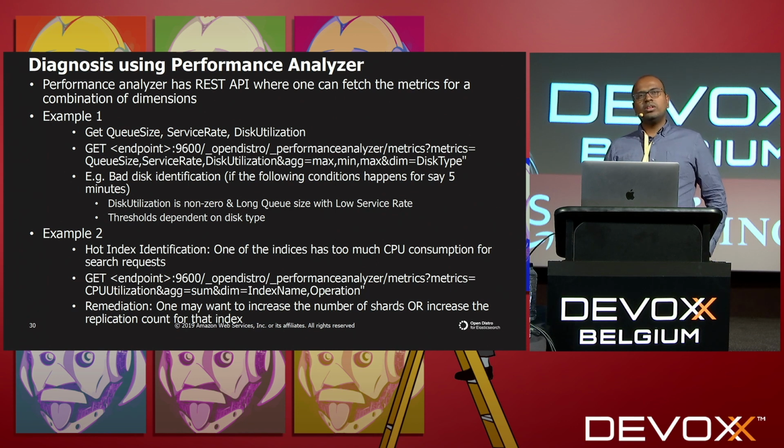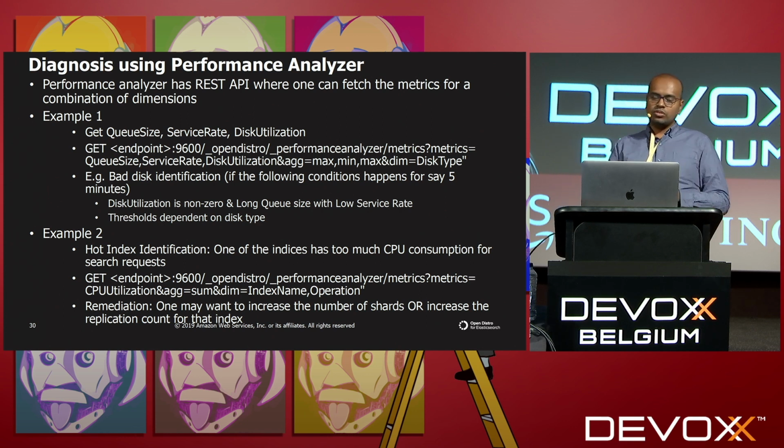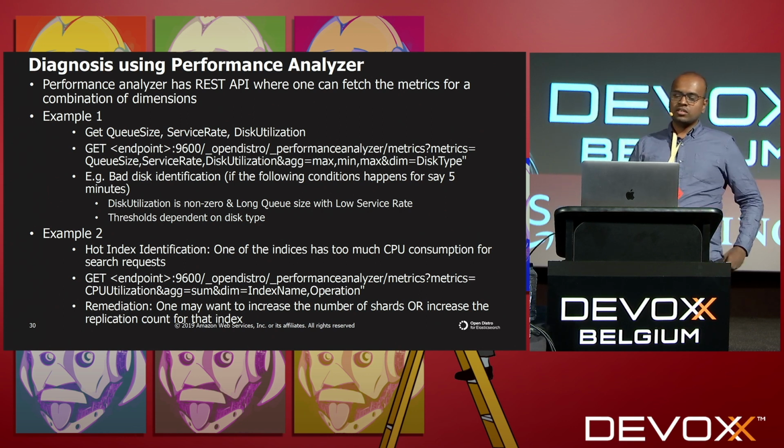With disk utilization you can tell whether a disk is being used or not. So if service rate is 0, it does not mean the disk is bad. But if a disk is being used and the service rate is lower than normal, that definitely means there's something wrong. That's what a combination of metrics allows you to do.